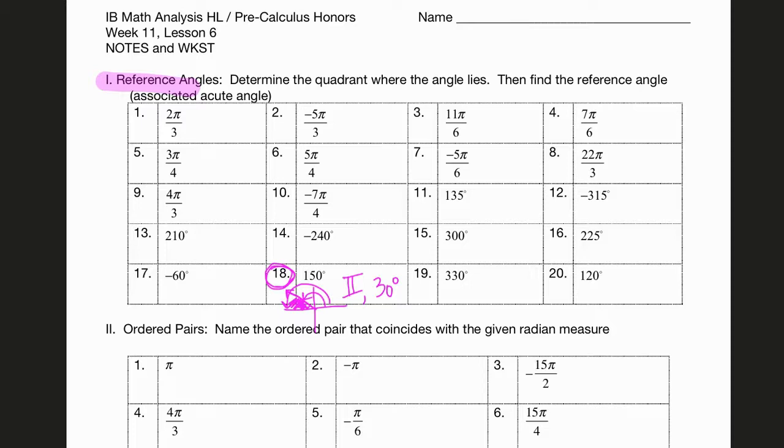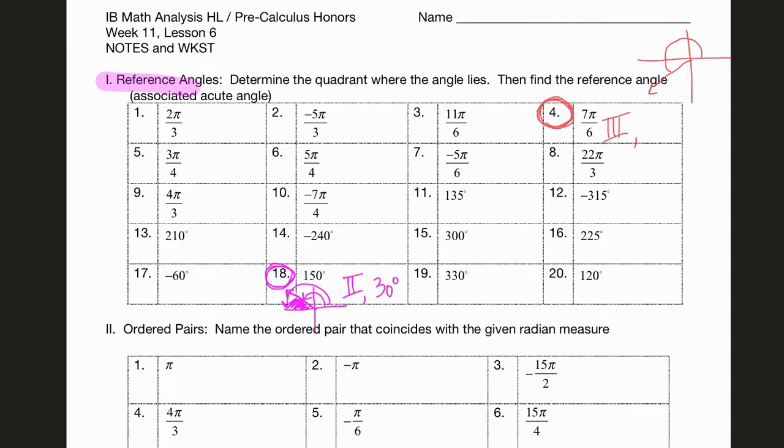Let's try one that's in radians. Maybe 7 pi over 6. Let's do this one. Again, I tend to draw a lot of pictures. That's just sort of the way that I am. So 7 pi over 6 is more than 1 pi. 6 pi over 6 is exactly 1 pi. So it's all the way to 1 pi plus just a little bit more. So that's quadrant 3.